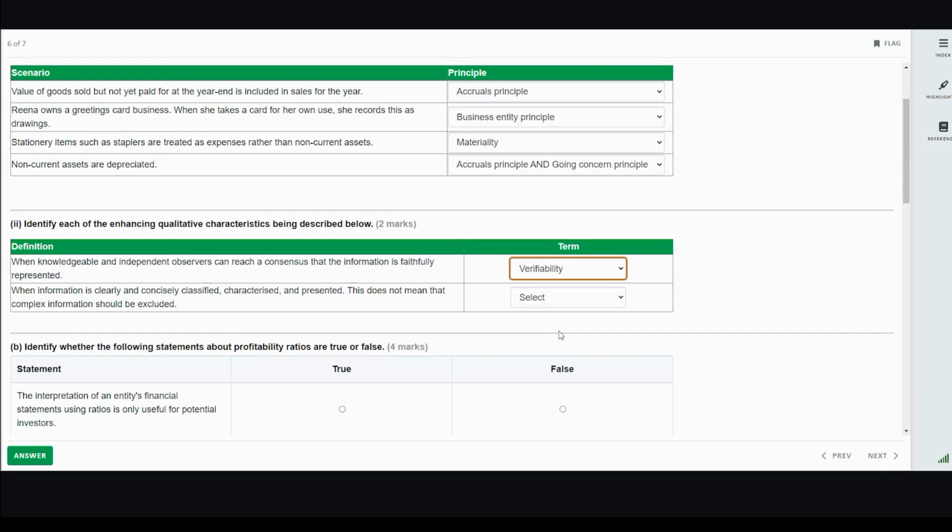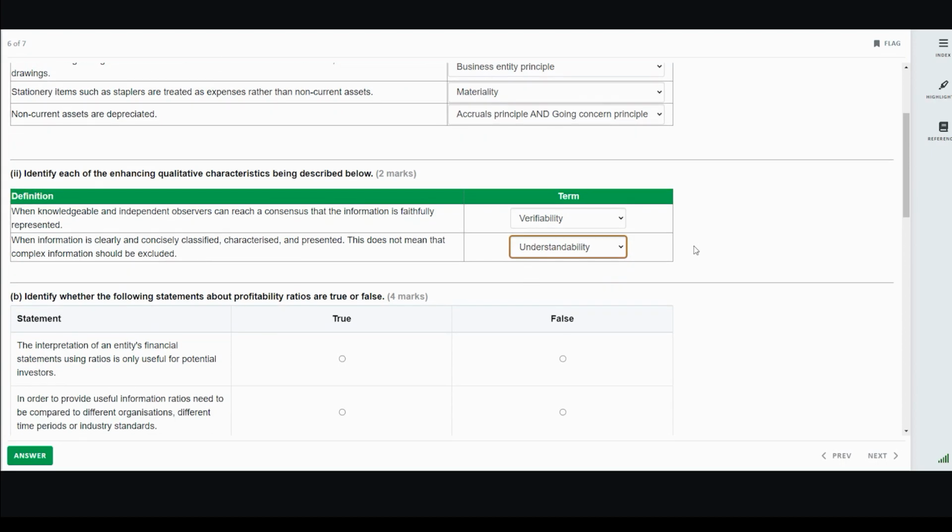So it's making sure that the information we provide to users is understandable. A sales manager, for instance, doesn't want to know what the admin expenditure is of the admin staff. He'll want to know what it is for their sales team. So this concept is basically the understandability term, making sure that people looking at the accounts can understand it. However, we're not leaving out important information.